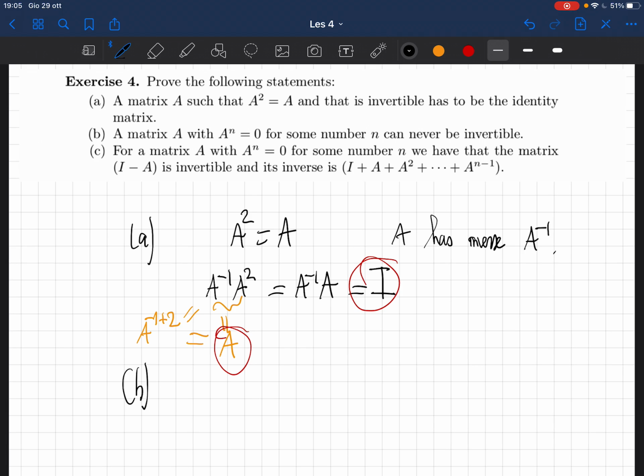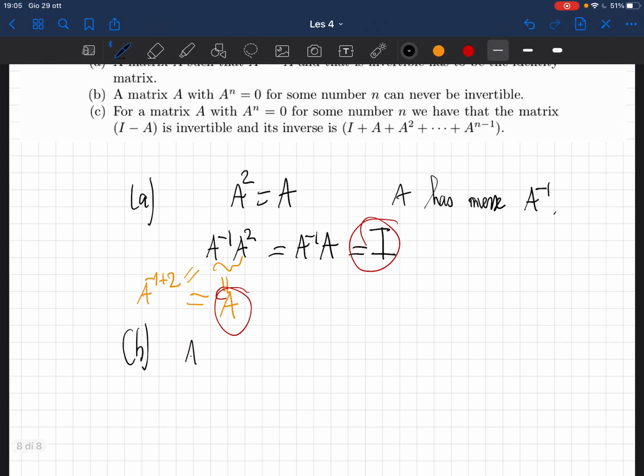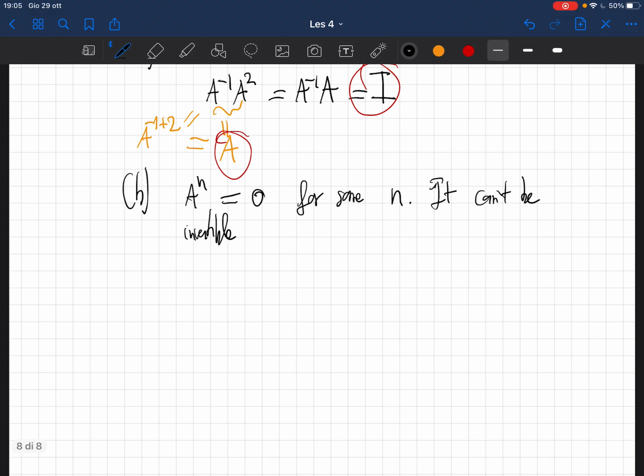So the second, you have a nilpotent matrix. Namely, it's such that A to the power n is equal to 0 for some n, and it can't be invertible. So how do you argue here?